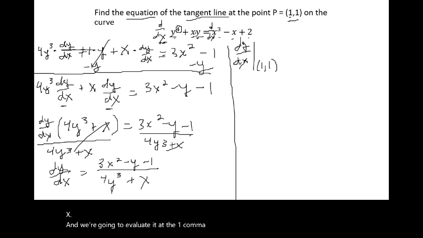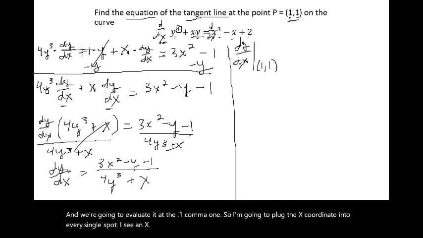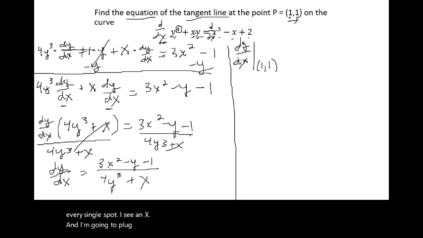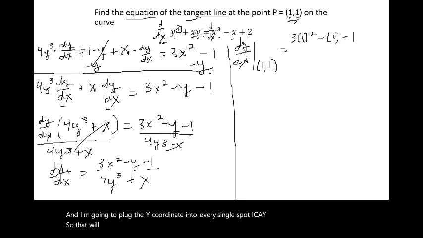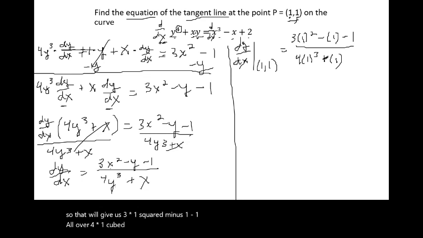So I'm going to plug the x coordinate into every single spot I see an x, and I'm going to plug the y coordinate into every single spot I see a y. So that will give us 3 times 1 squared minus 1 minus 1, all over 4 times 1 cubed plus 1. And that gives us a slope of the tangent line of 1/5.